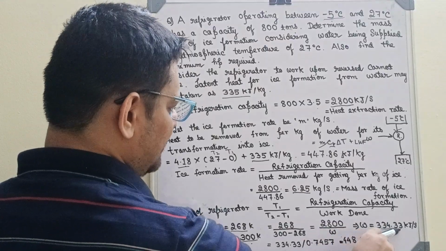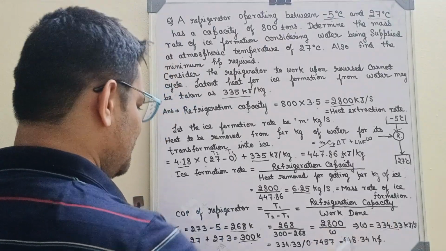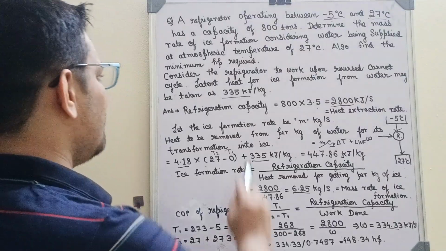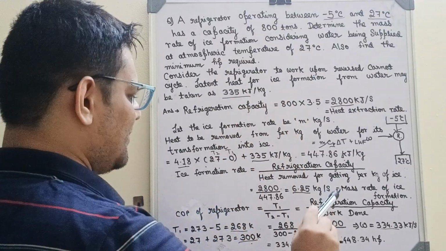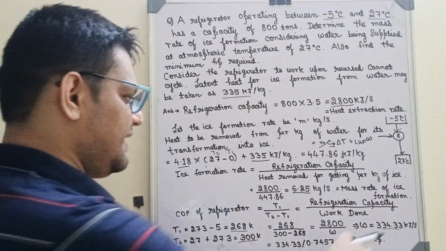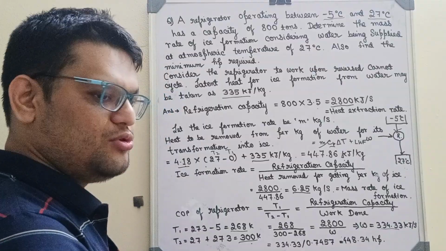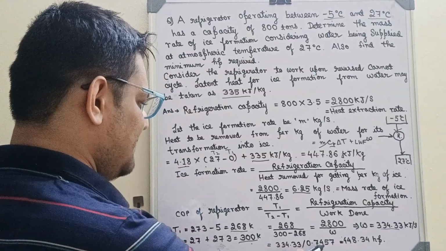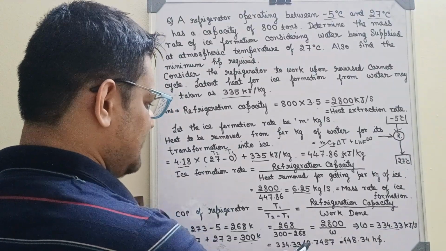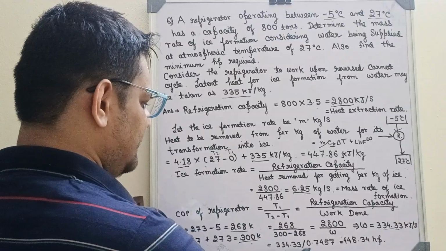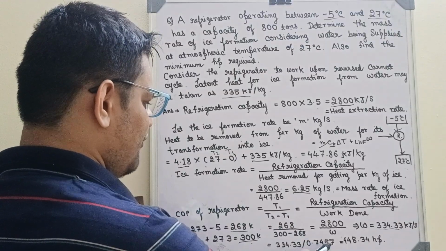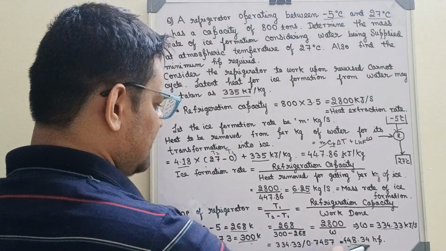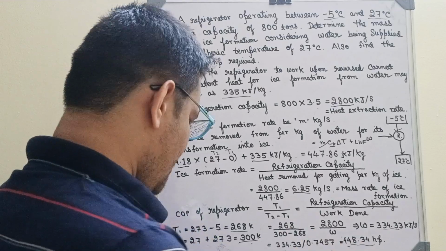So the work done will be 334.33 kilojoule per second. We have to convert it into HP, horsepower. To convert kilojoule per second to horsepower, we divide by 0.7457. So 334.33 divided by 0.7457, we get 448.34 horsepower.